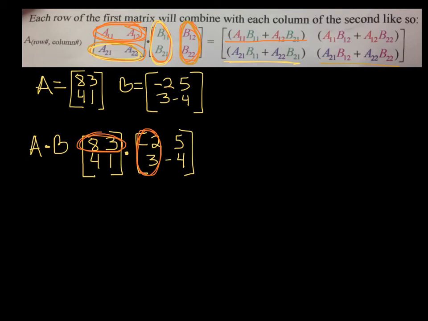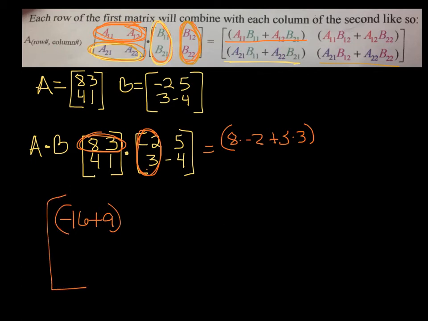So I'm going to multiply the 8 and the negative 2 together and add that to 3 times 3. And that'll be the first term. All right, so that is 8 times the negative 2, which is negative 16, plus 9, which is equal to, I'm setting all this up in a matrix here, which is equal to negative 7.